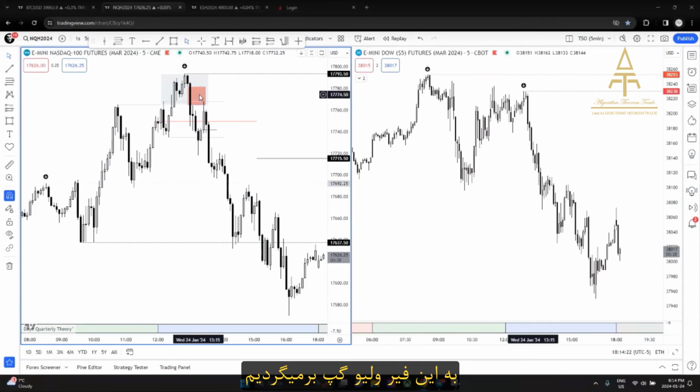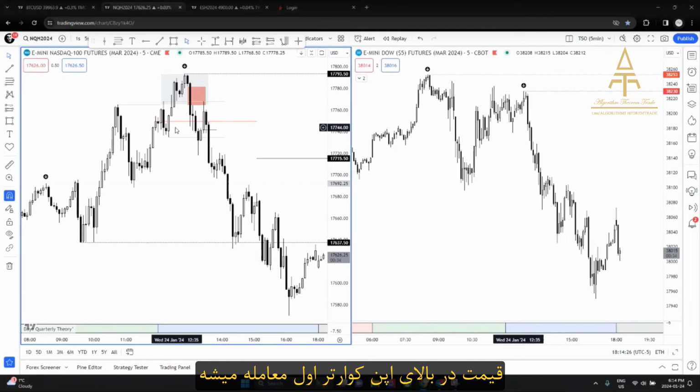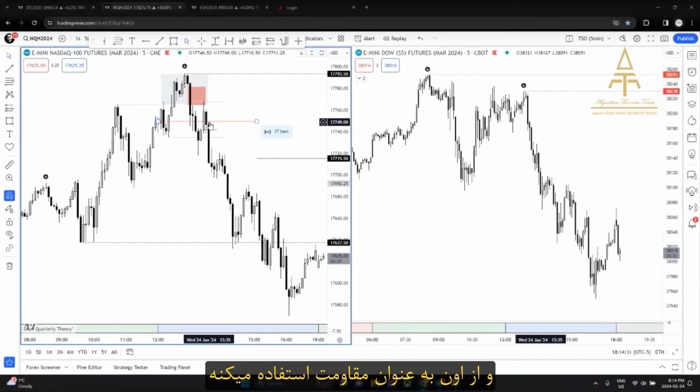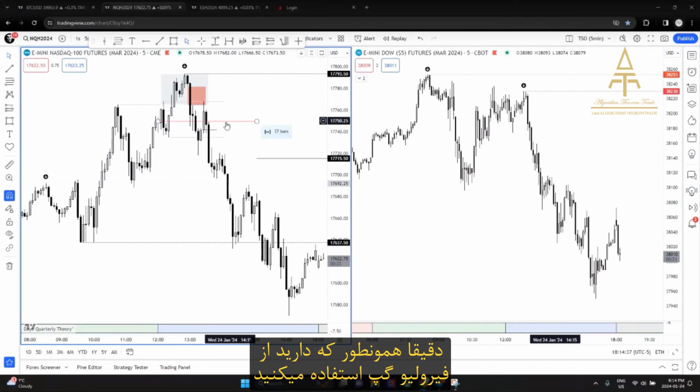Trade back up into this fair value gap, forms an order block, price trades above Q1's open right here, uses it as resistance, as though you would use a fair value gap.